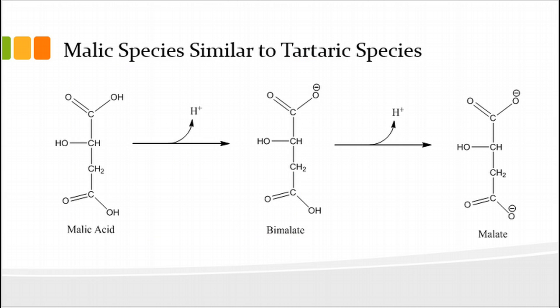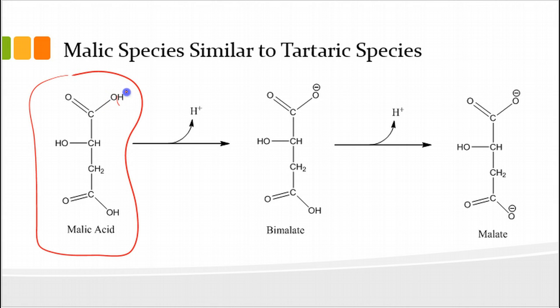Malic has similar species. We start with malic acid over here on the left. And remember we said there are two acidic protons in malic acid as well, so these two. And when the first one comes off, it forms bimalate.